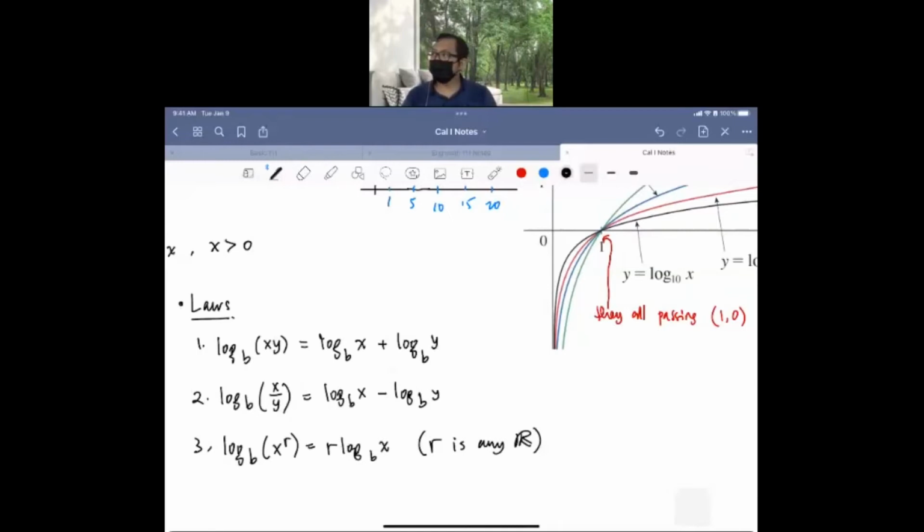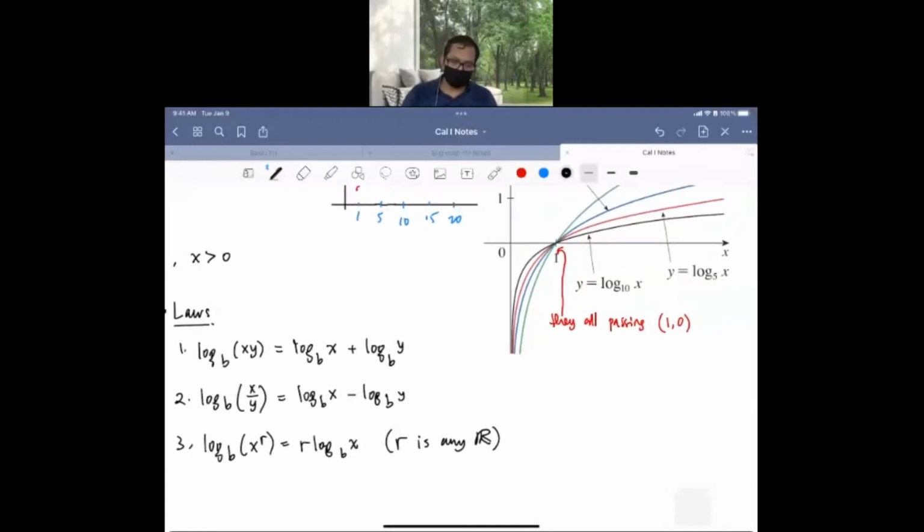Okay, before we also mentioned the e, right? The Euler number, 2.78 something. We can also include e in our log, and that is what we call the natural logarithm.